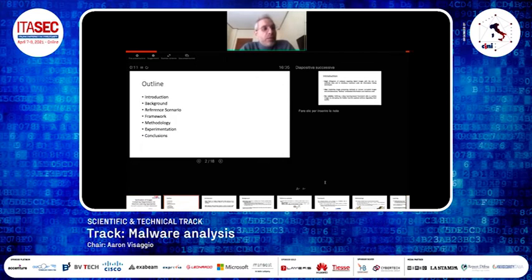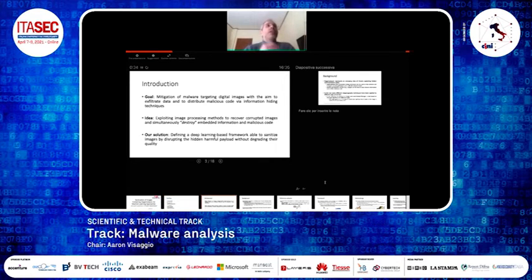Specifically, first I'll give a short introduction about the problem and the scenario. Then I'll define the solution approach adopted in our work, and finally I'll show the evaluation results on a real image dataset. Well, we can start.